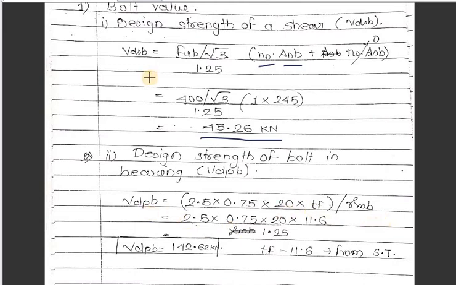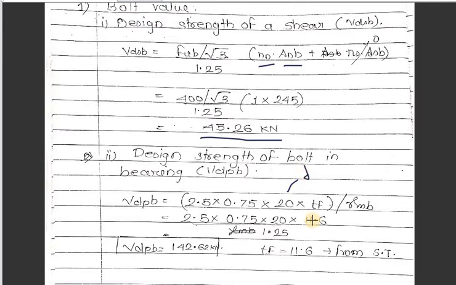For the bearing strength of bolt, directly it is 2.5 times kb into d into t divided by gamma mb. The 2.5 kb is after taking the minimum of 4 values, which comes to be 0.75. Here d is the diameter of bolt.